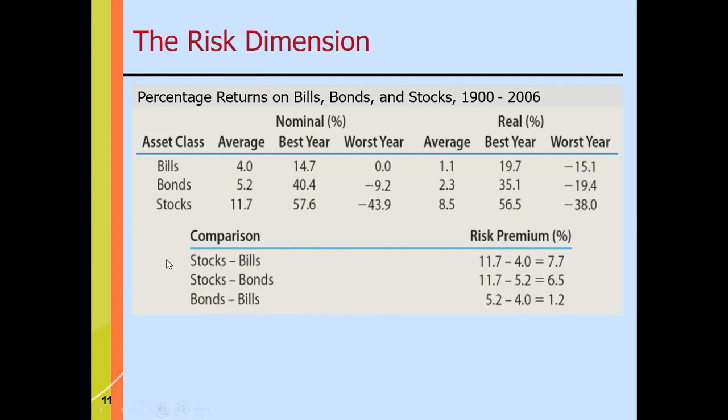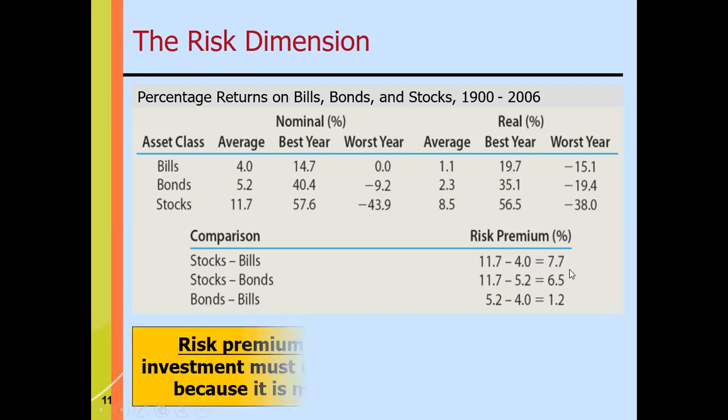So the first one is 1 minus 3, this one is 1 minus 2, and this is 2 minus 1 for the stocks and bonds, or 1 minus 2, vice versa. And then the bonds minus bills would be our 2 minus 3, right?